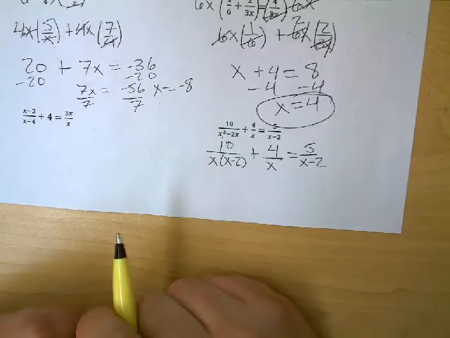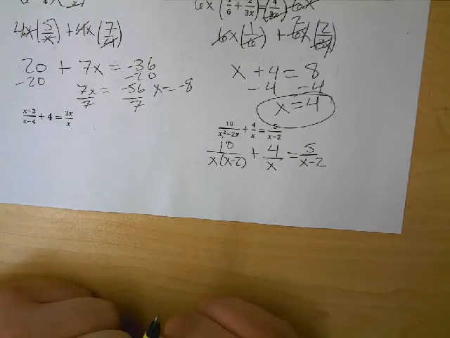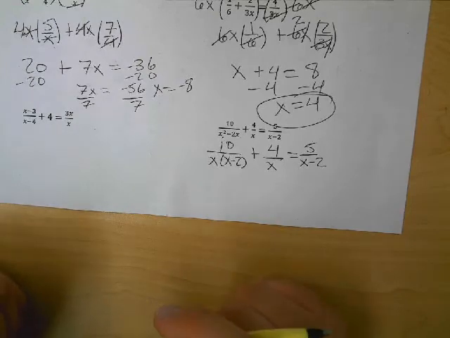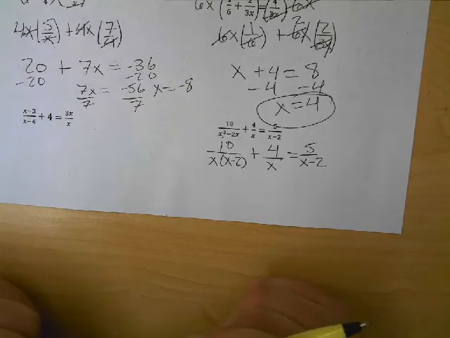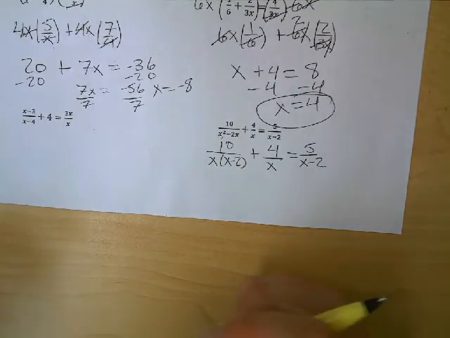Okay, so what are the things in my denominator? The x minus 2, and an x. So what's my common denominator? X times x minus 2. So that's what I multiply by, right?